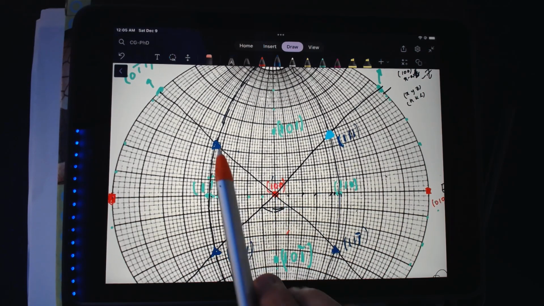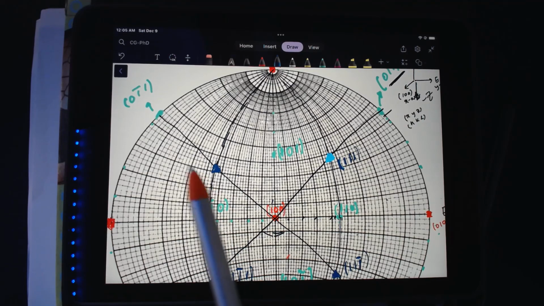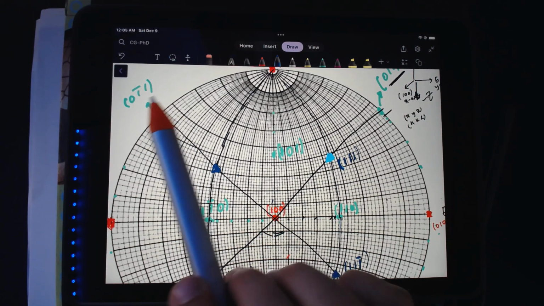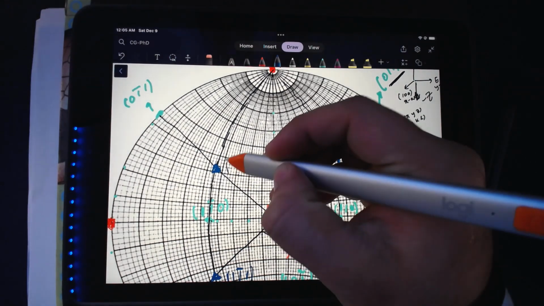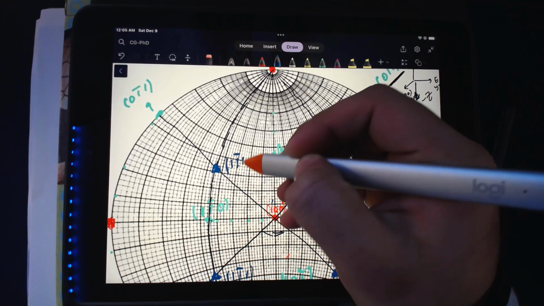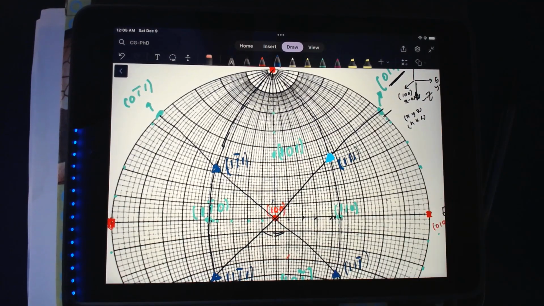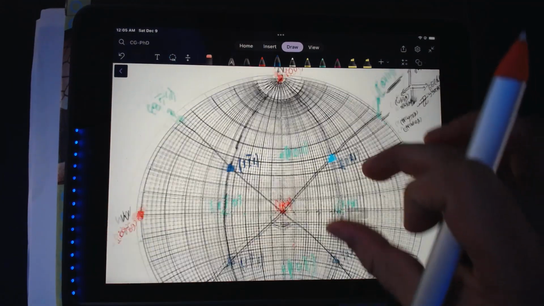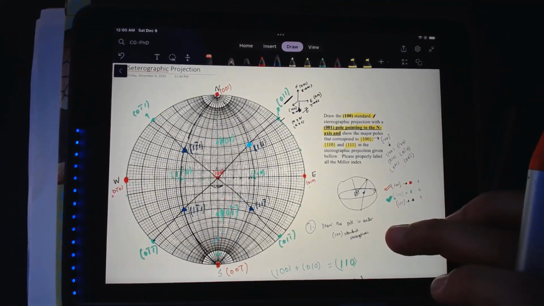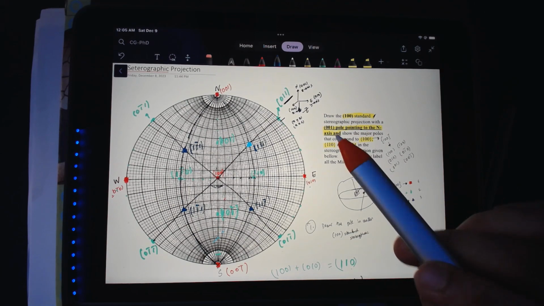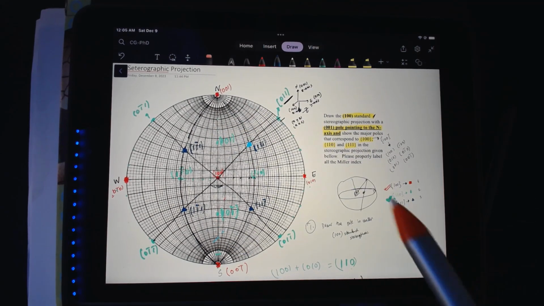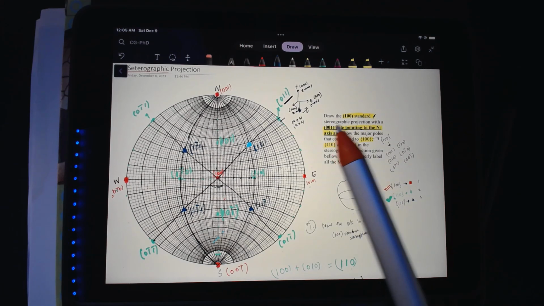So this intersection of the great circle and the line will just be the vector sum of this center point and the outside point, and that comes out to be 1 bar 1 1, right? And with that, we have drawn all the major poles and the entire stereographic projection that was requested in the question.